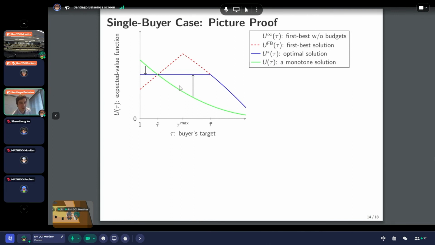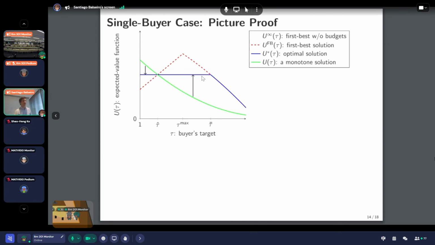Well, if you look at this solution in green, and then the new solution that I give you, if you look at this point tau hat, then to the left, if you move downwards, you're always closer to first best. So then this is going to improve your profit. And to the right, if I move it that way, you're always closer to first best too. And then also it's going to improve the profit. And here you're just tracking first best. So this is the best that you can do.